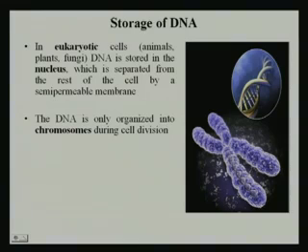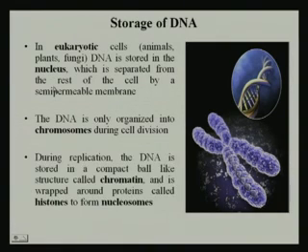If we see the other properties, the storage of DNA in eukaryotic cells, mainly animal, plant and fungi, DNA is stored in the nucleus, which is separated from the rest of the cell by a membrane, and within that the cell sap is called nucleoplasm.